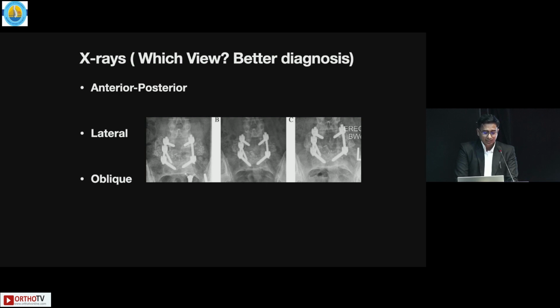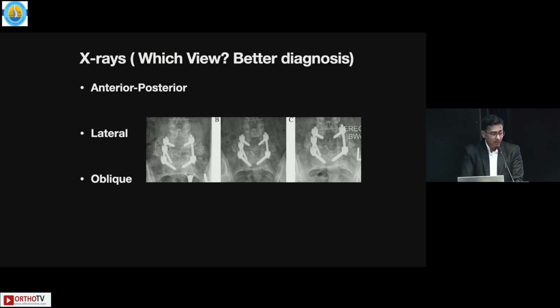So what do we see on X-rays? Are X-rays a better modality for diagnosis of fusions in lumbar spine? On the AP view, you can see the pebble-like appearance, which becomes more homogeneous after 3 to 6 months, and after a year you can see it has been nicely incorporated.